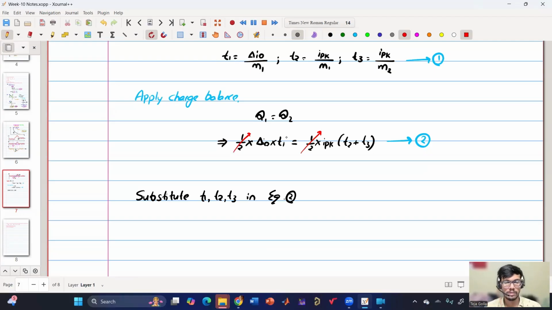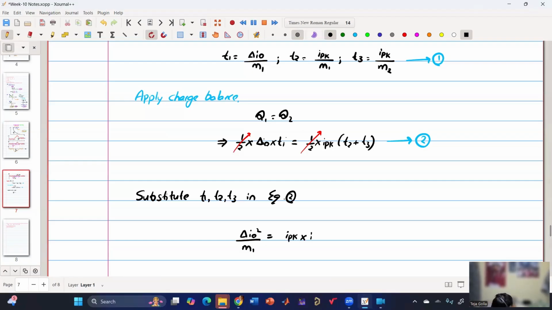Delta I naught square by M1 is equal to I peak times, taking I peak common, 1 by M1 plus 1 by M2. So if I take the denominator common, this is what I'll be getting. Agree?